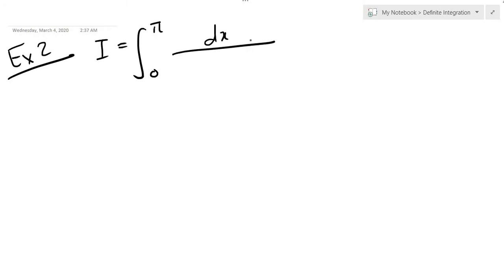Now let's do another example where we again don't need the properties explicitly. Say you have integral from 0 to pi this time of dx all over 6 minus cosine of x.